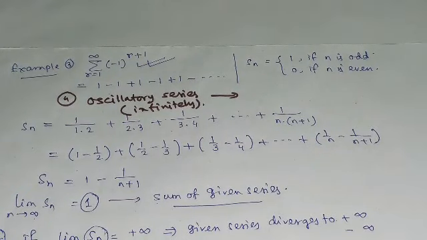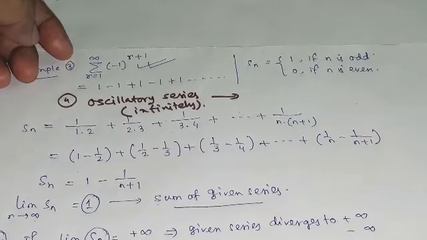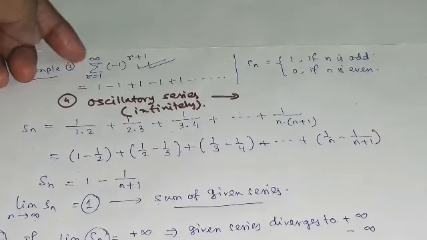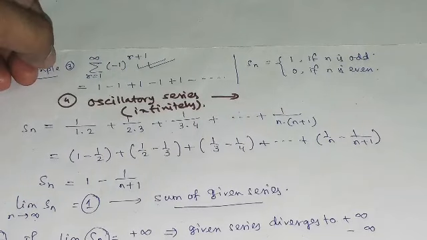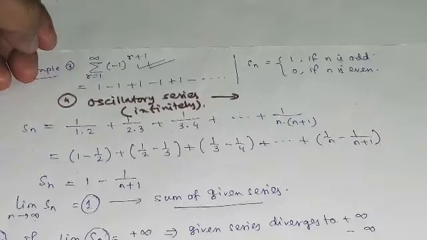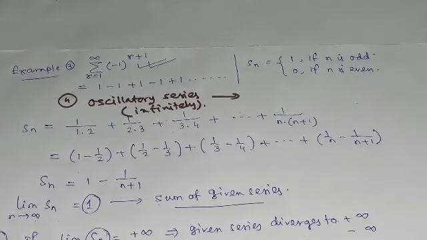I will give you one hint here: with the help of this series, example number 3, you can easily construct an oscillatory series which is infinitely oscillatory. So you just need to think a little bit. With the help of this third example you can easily construct it, and also don't forget to mention it in the comment section. Okay, fine.